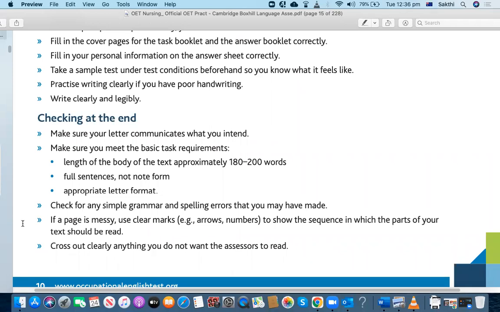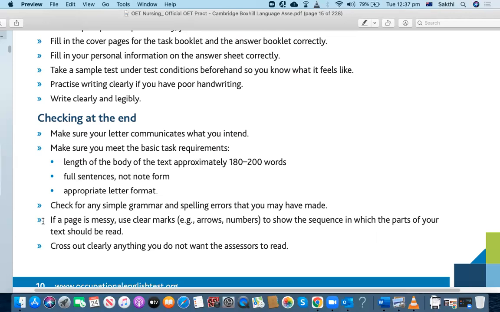Although it doesn't look good, it is definitely helpful. You're going to be penalized less compared with not showing those arrows for the order of the sentences in your letter. Is that clear with everyone? So please utilize them.